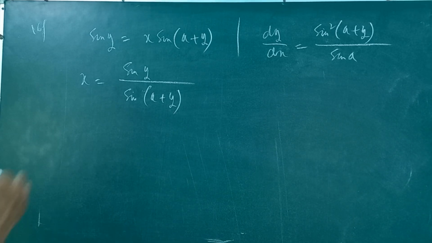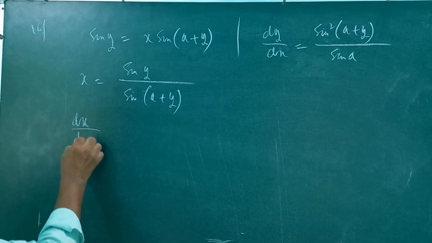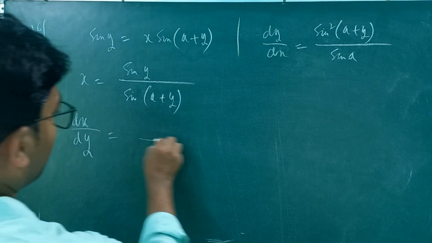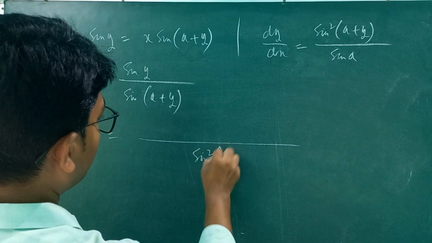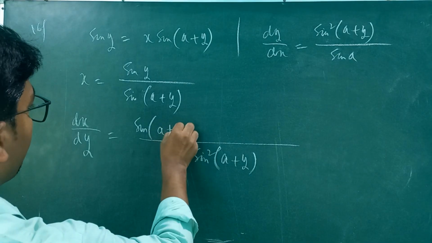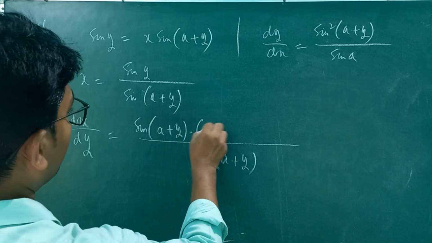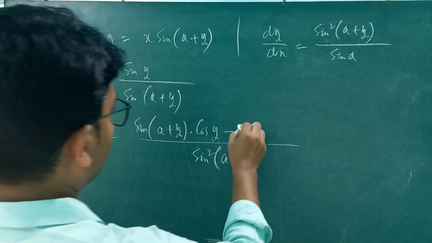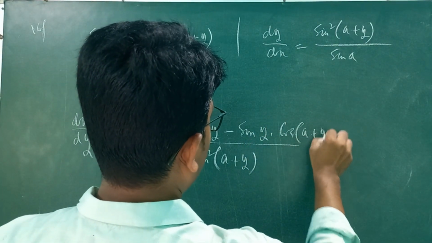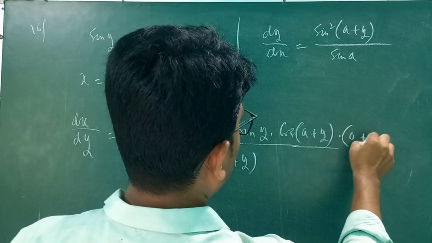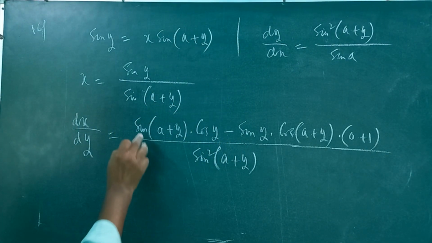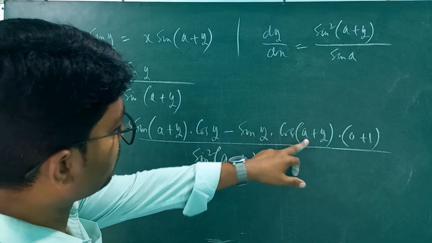Now we take the derivative with respect to y, dx by dy. This one is the u by v rule. What will you get? v squared in the denominator, v into the derivative of sin y, which is cos y, minus u times the derivative of sin(a plus y), which is cos(a plus y) into 1, since the derivative of a plus y is 1. So what will we get here? sin(a plus y) cos y minus cos(a plus y) sin y, using sin a cos b minus cos a sin b, and this simplifies to sin a.